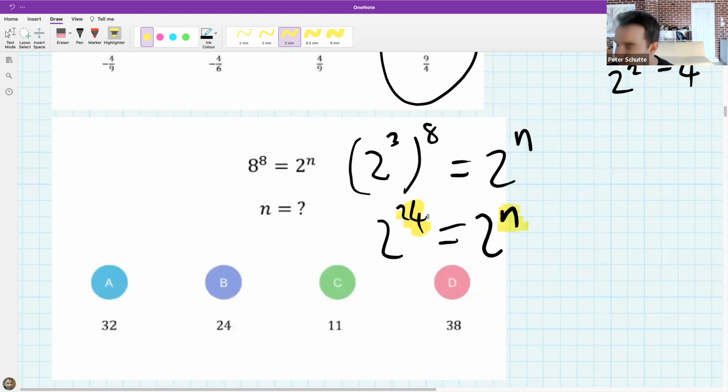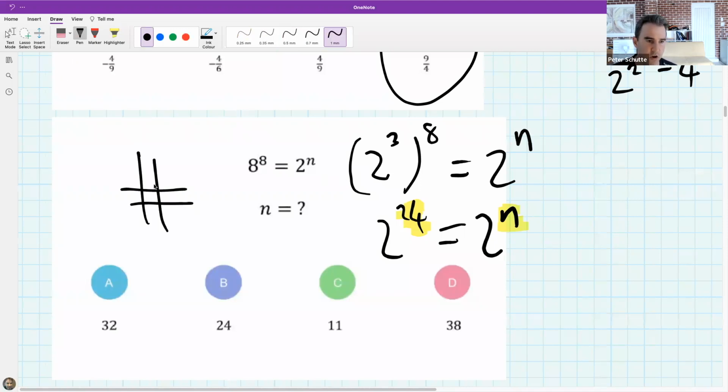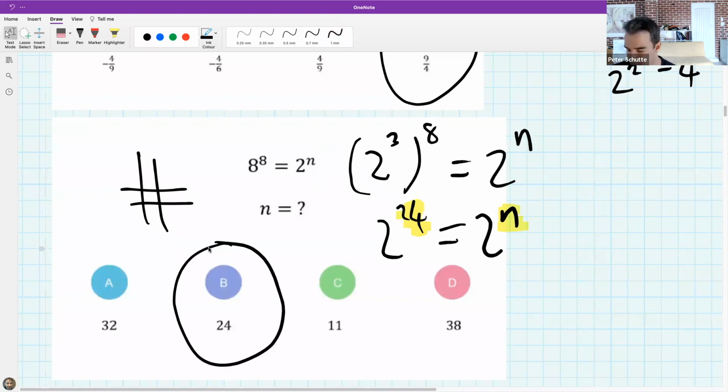And in simple exponential equations, the idea of making the bases the same on both sides to solve the equation is a very important technique. And so I just want to take note that this technique helps you solve a lot of exponential equations. And so the correct answer is B.